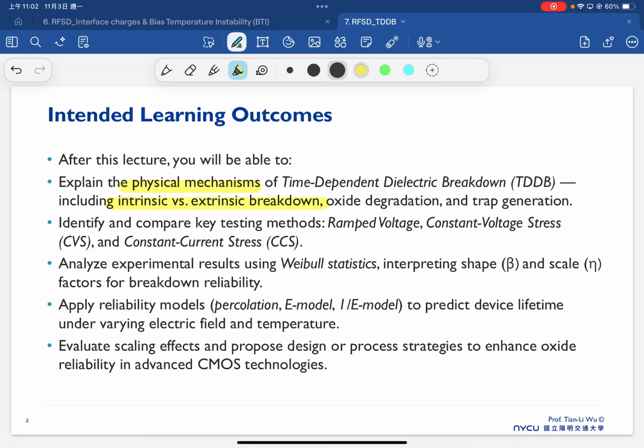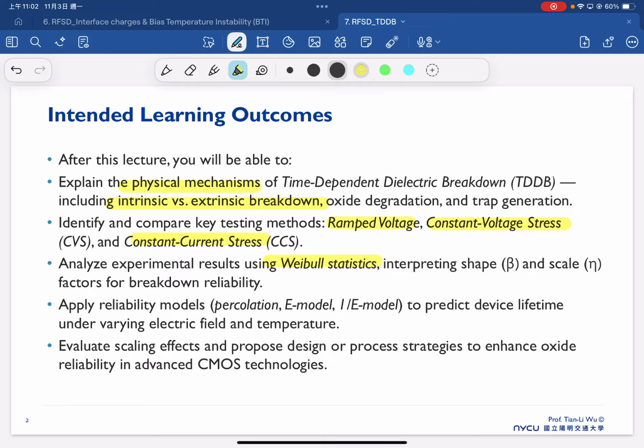Also, there are several different ways of testing for TDDB, for example, the ramp voltage, CVS, or CCS here. And also the most important is to understand how to use Weibull statistics to evaluate the TDDB result here, where we have already talked about the fundamentals related to Weibull statistics, but now we will use Weibull statistics in the case of TDDB.